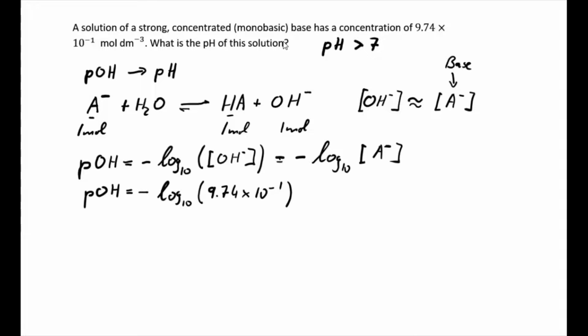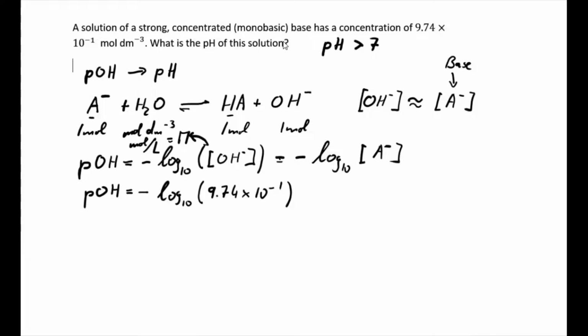And we need to be careful here, because we know that in the definition for the pOH, this needs to be either in mole per cubic decimeter or mole per liter, which is also often abbreviated as molar.